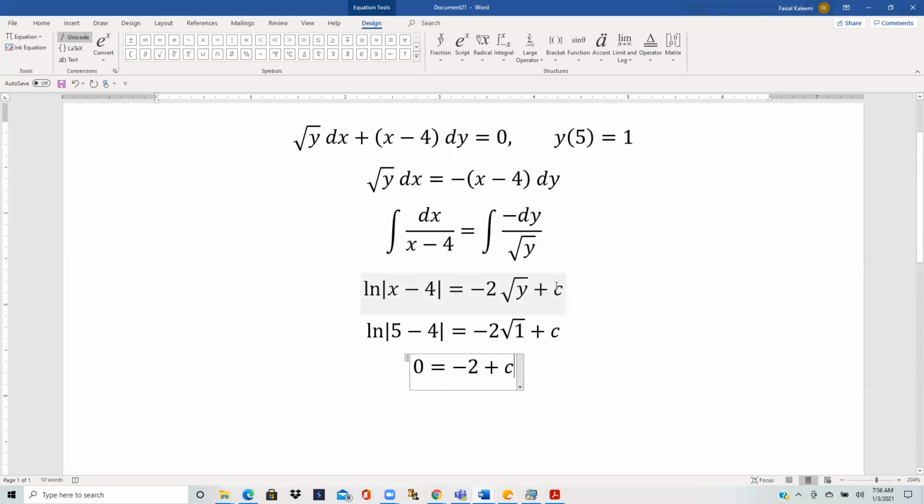So in this solution, you just replace c with 2.